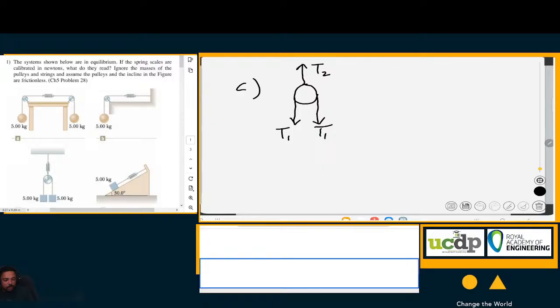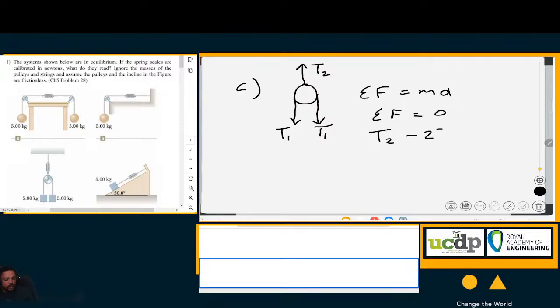Now, we know from Newton's second law, the sum of the forces must be equal to mass times acceleration. But we know that the sum of the forces is equal to 0 because it's in equilibrium. Now, what are these different forces? If we take upwards as positive, it's T2 minus T1 on this side and T1 on that side.